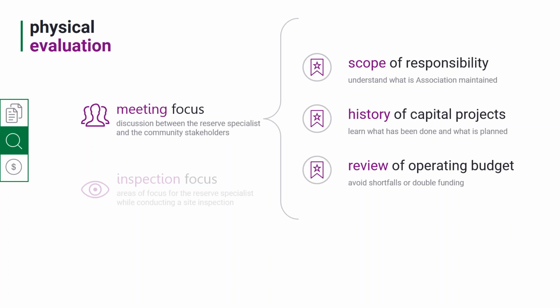Certainly before this meeting, the specialist will likely have received your governing docs, done a high level review of those, and have some general idea and assumptions of what should or likely be responsibility of the association. But it's through this on-site meeting, this discussion, that the reserve specialist is clearly understanding and identifying what components are going to be included and what are going to be excluded.